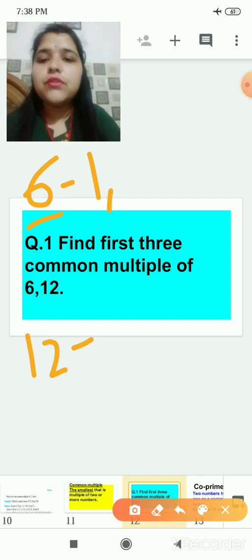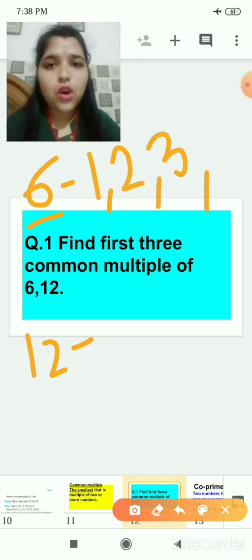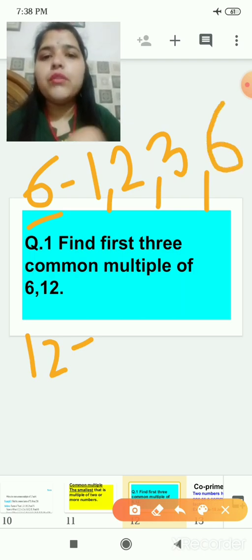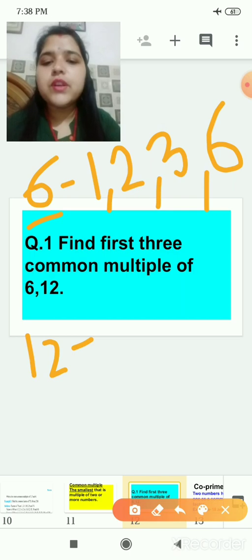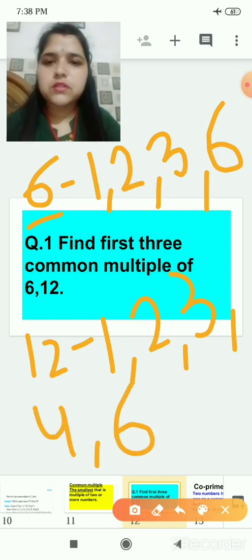Then 6 will come in the table of 2, then 3, then it will not come in the table of 4 or 5, and it will come in the table of 6 last. Same way 12 will come in the table of 1, 2, 3, 4 and 6.